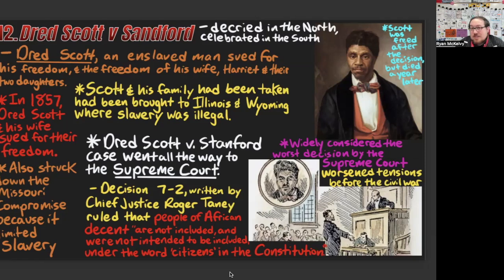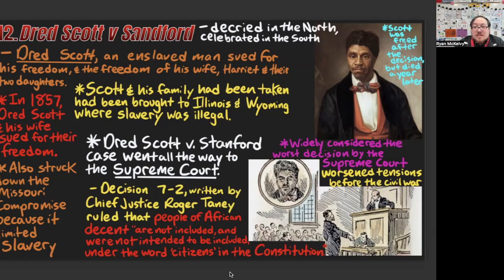It is absolutely decried in the North, while of course in the South they're like, "Yay!" This reinforces slavery. And Scott's owner felt so bad about the decision, he will actually release him the next year. Although, unfortunately, he will die about a year later, so he will only get to enjoy his freedom for some time.